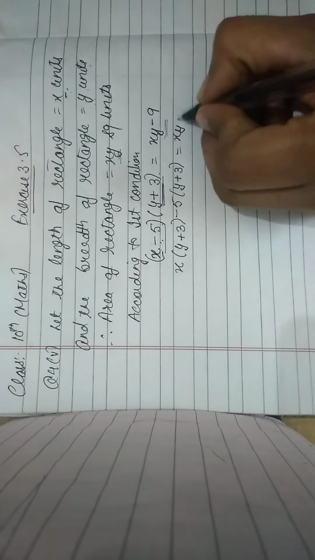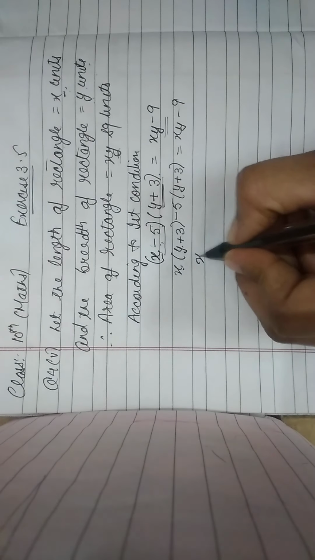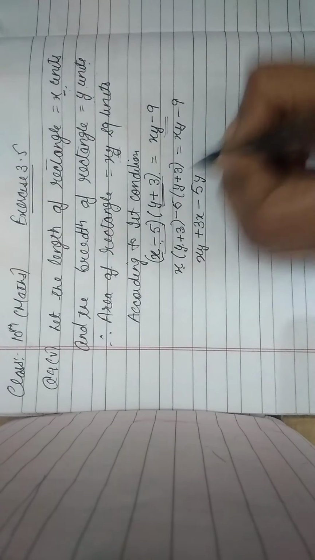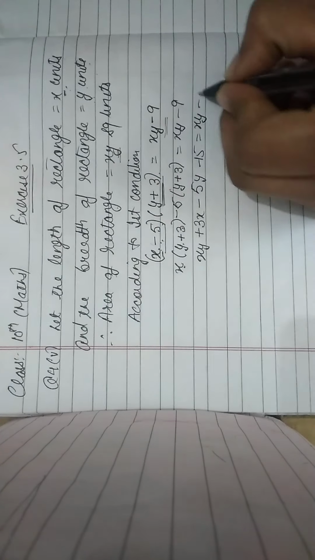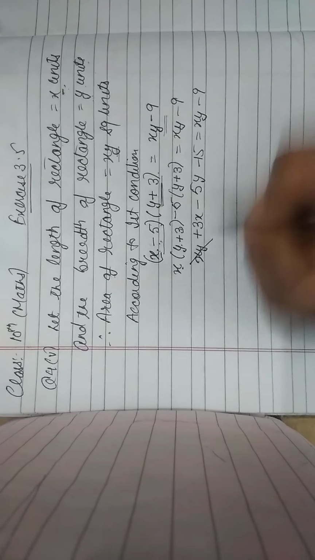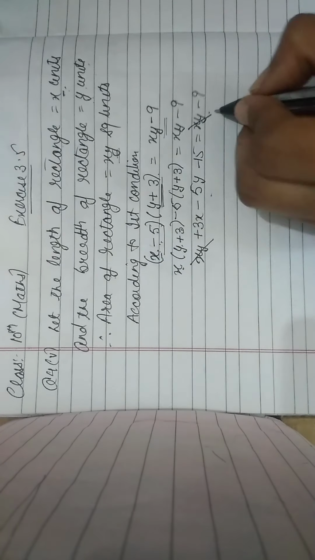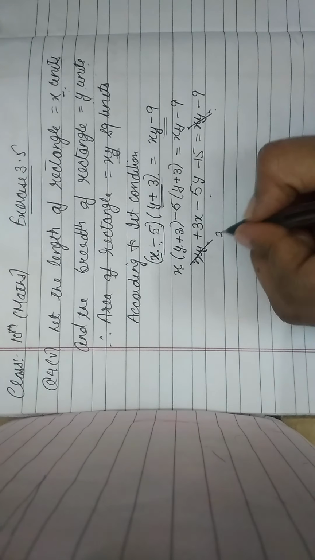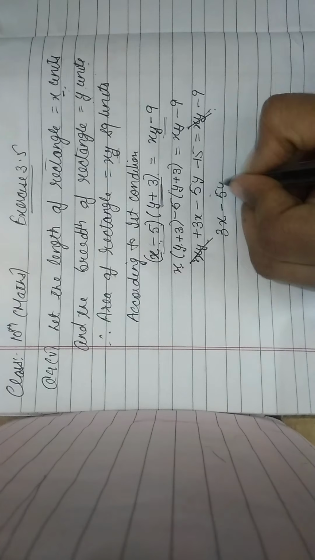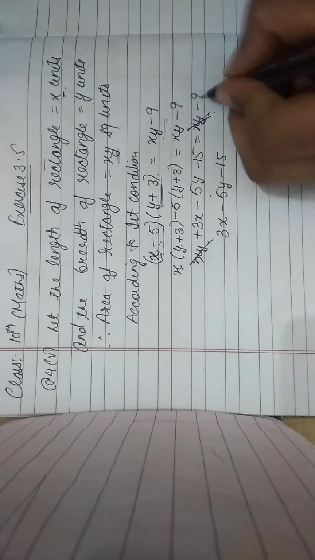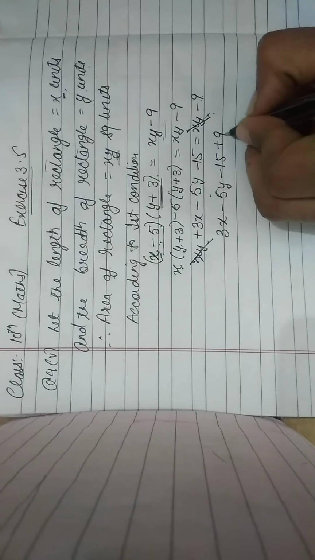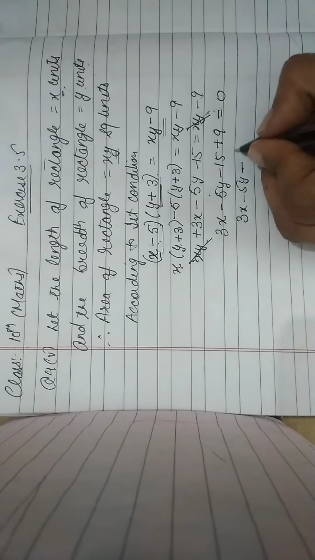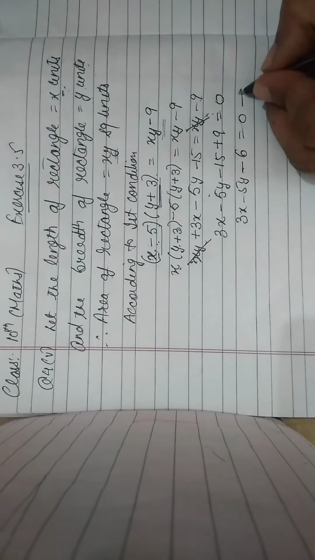Now xy minus 9. x multiplied by y is xy, x multiplied by 3 is 3x, minus 5y minus 15 equals xy minus 9. xy cancels because it is on both sides of the equal sign, so both are cancelled. Now the remaining terms are 3x minus 5y minus 15, and minus 9 when it goes to the left side changes sign, and the equation equals 0. 3x minus 5y minus 6 equals 0. This is the first equation.